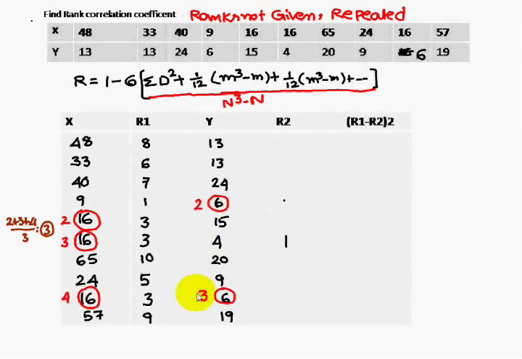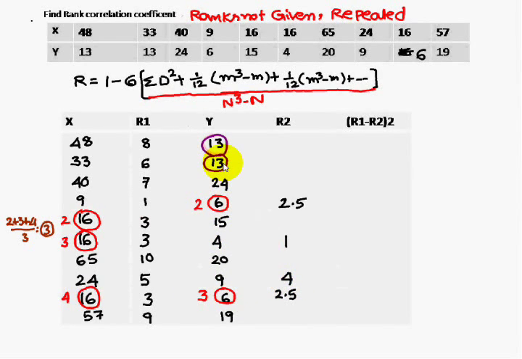So for these 6s, the average of these two ranks is 2.5 and 2.5. Next after 6 is 9. For 9 you give 4, because ranks 2 and 3 are over.